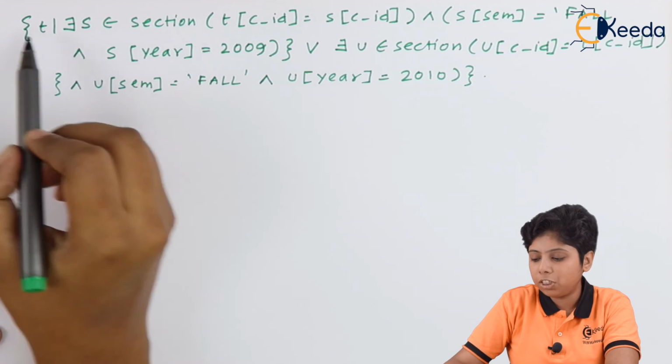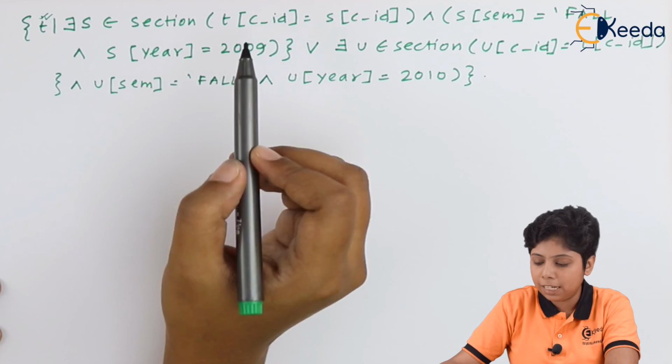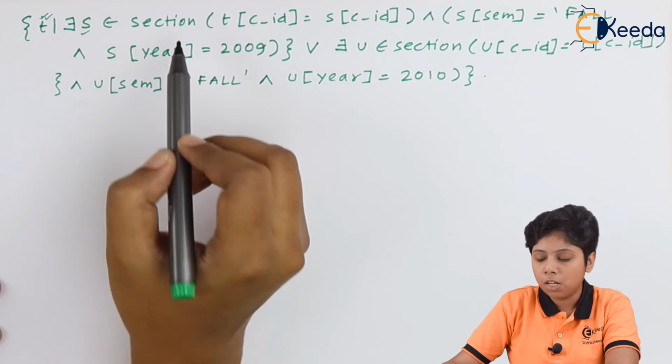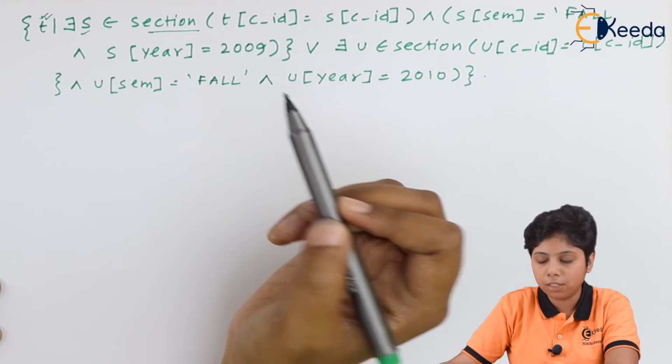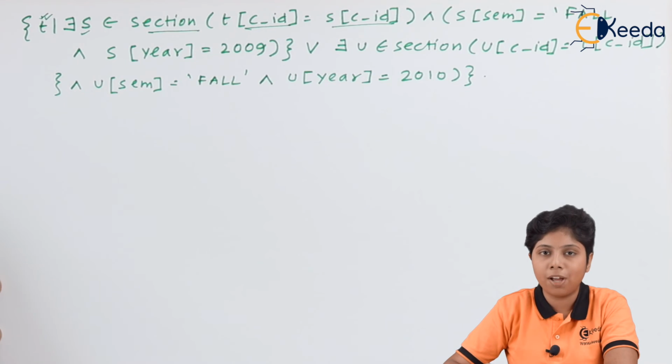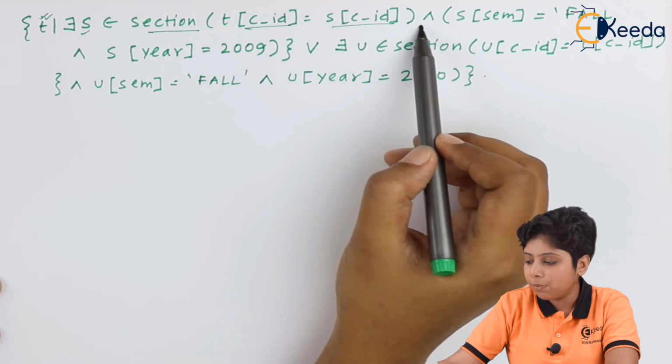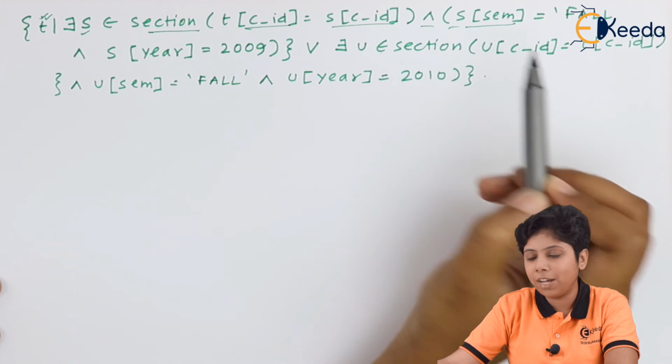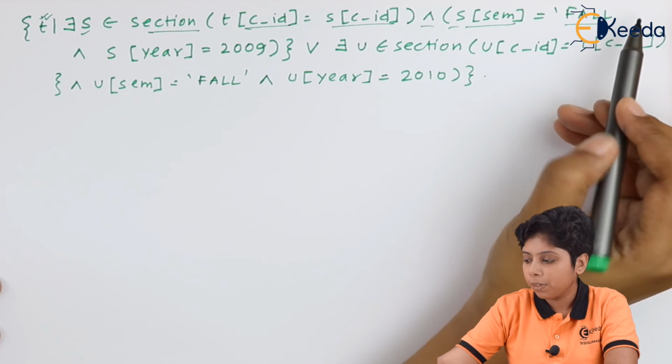First I am fetching that there exists a tuple T and an S variable which belongs to the section relation, where the course ID of T equals the course ID of S, that is the matching or checking condition, as well as the semester of tuple S is fall.